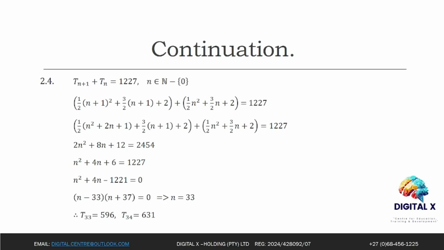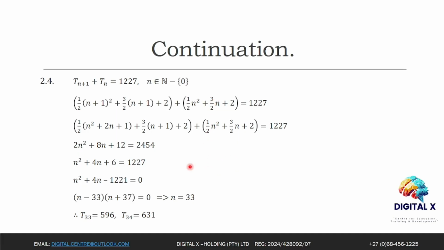Now let's quickly look at the last question from our example, which states that if the sum of two consecutive numbers in the pattern is 1227, we are requested to calculate the difference.